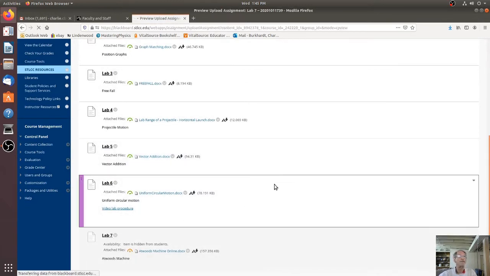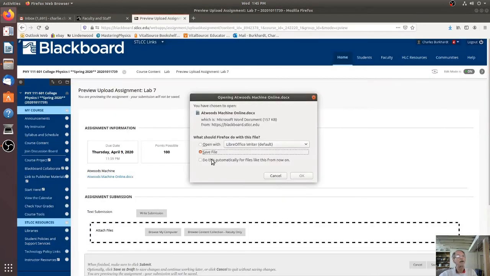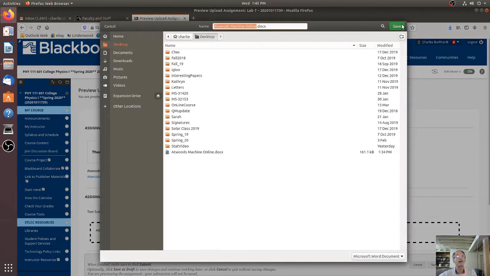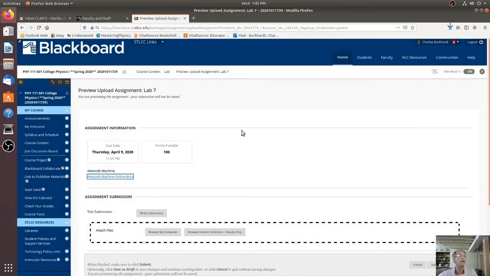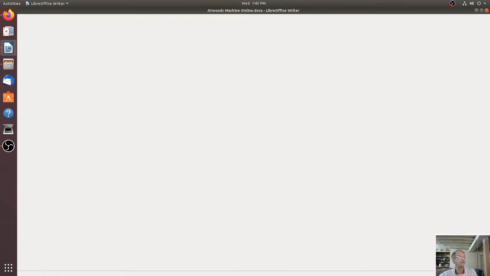and click on that. It's got a Word document attached to it, so I'm going to click on that and save the file on my desktop. I've already got one there, so I'm going to replace it. Then I find it on my desktop and double click on it and open it.